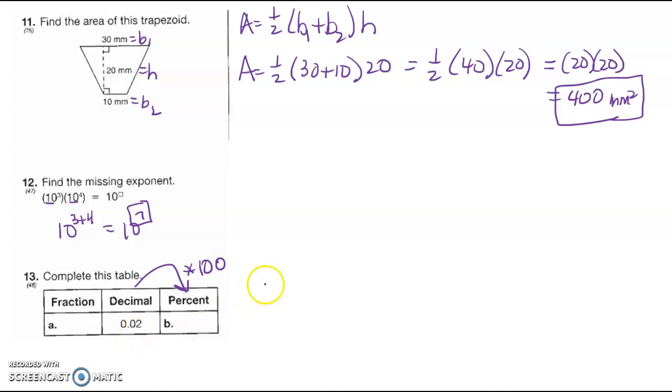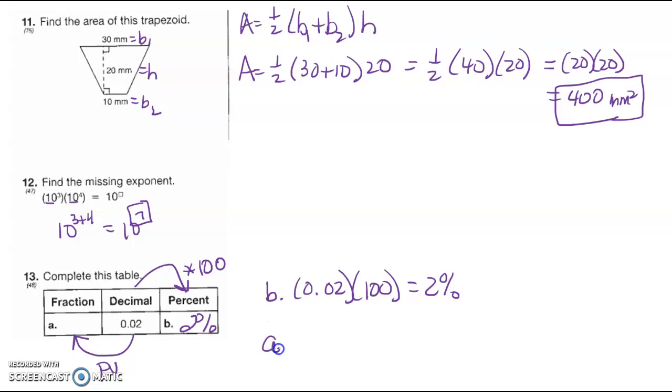So B is going to be 0.02 times 100, which is equal to 2%. And then to go from decimal to fraction, it's place value. So A is going to be, that's tenths, hundredths, so I have 2 hundredths, and then I have to reduce, and I get 1/50.